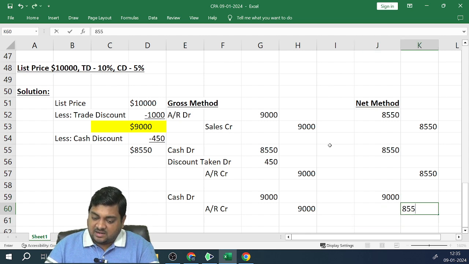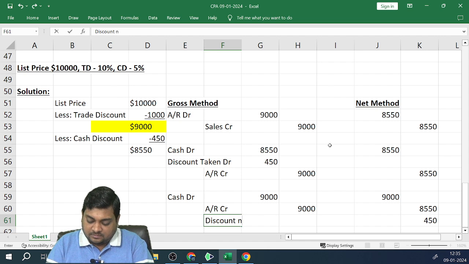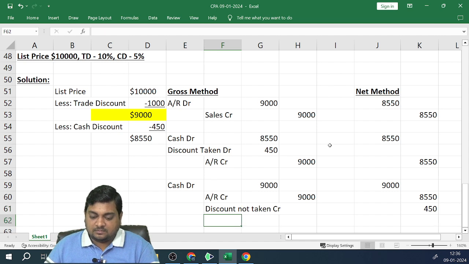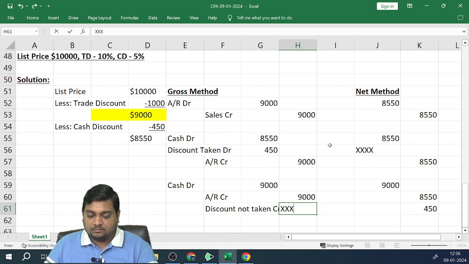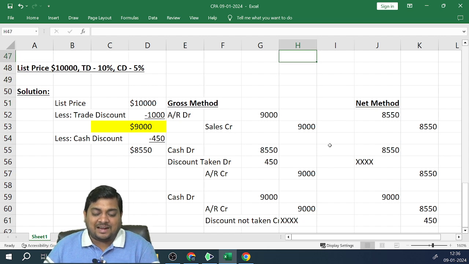This is 8,550. 450 I will collect extra. So the treatment of trade discount is simply subtract from the list price. That's it.